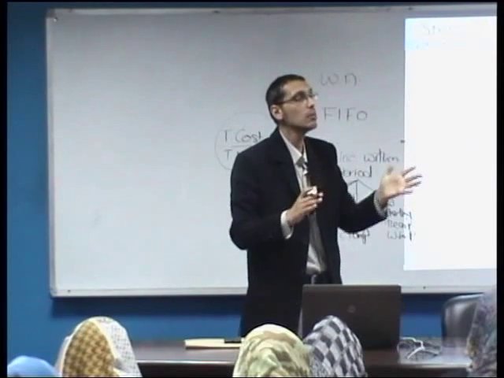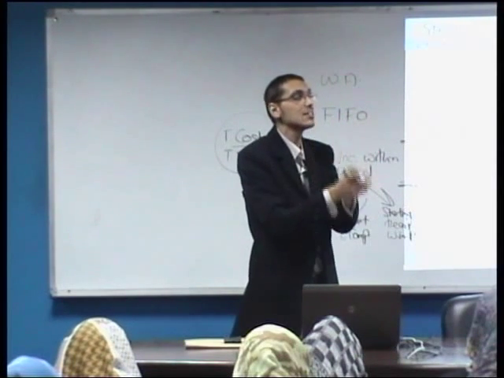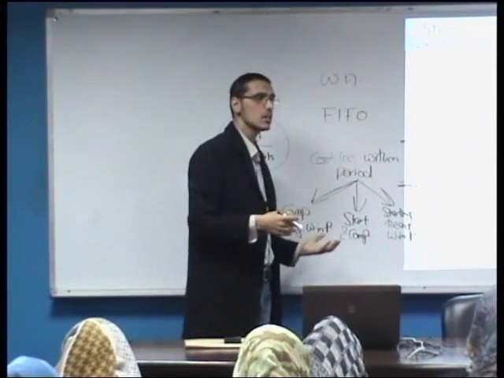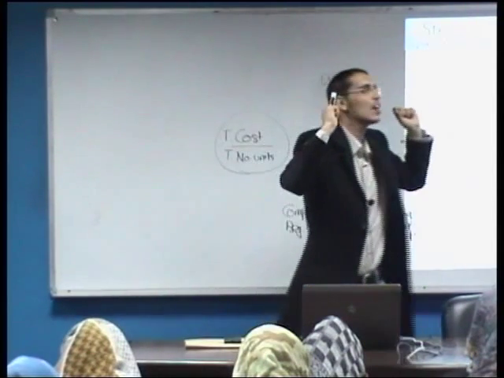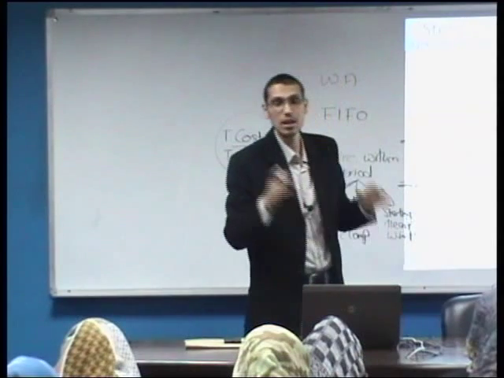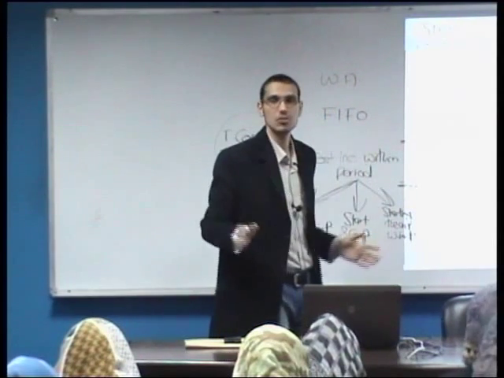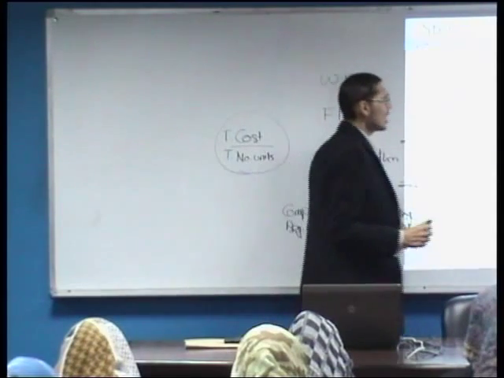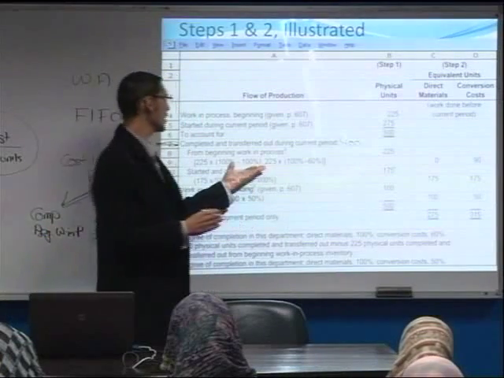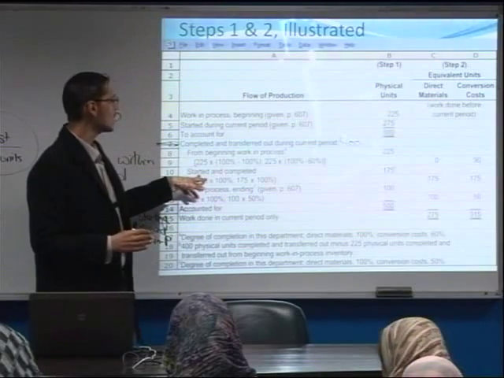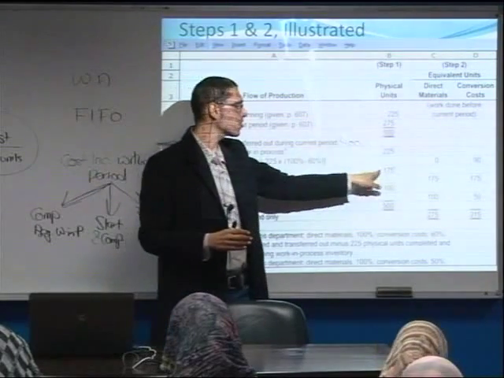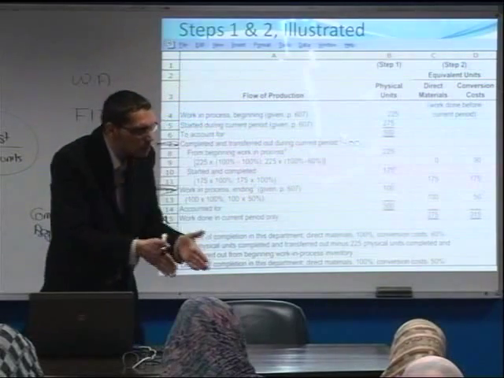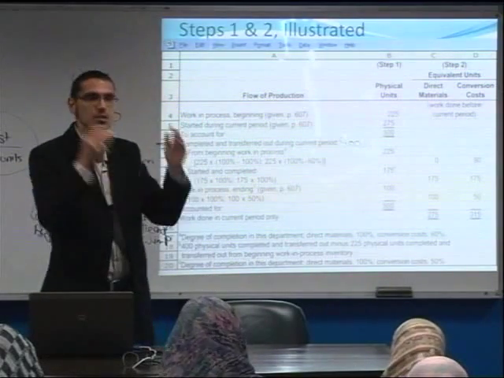As we can see here, we are calculating the equivalent units for the work done within this current period. Why? Because the costs that were incurred in the previous year would not be assigned onto these categories. It would be assigned only directly onto one category, which is the completed and transferred out. Therefore, as we can see here, we have the 175 that is started and completed. The 175 are the number of units that were started within this period and completed within this period.